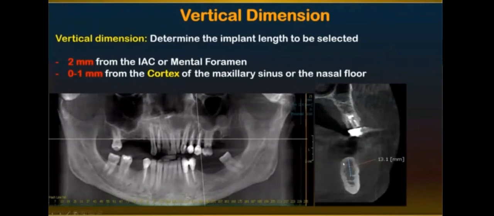But in this cut, we can see that the crest of the ridge is broad, so you can make use of the whole length of the bone, because the top of the ridge, or the crest of the ridge, is wide. Therefore, I can benefit by resting the implant bed on this alveolar crest.